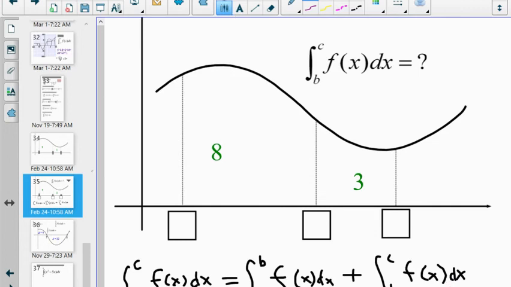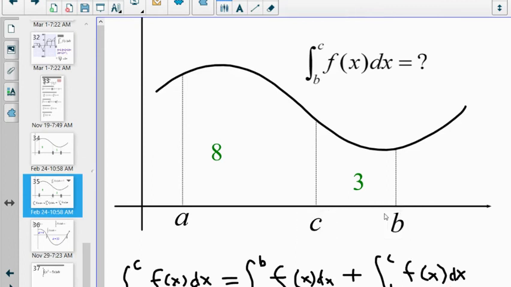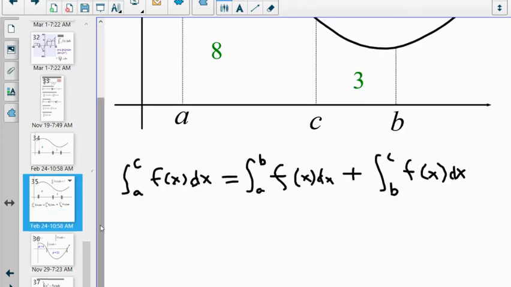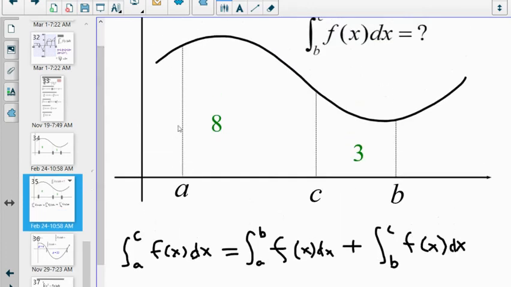But then if I move these boxes out of the way and reveal my axis, which doesn't go in alphabetical order, this is still true. In terms of what we're looking at right now, the area under this curve between A and C, the integral from A to C, is 8.